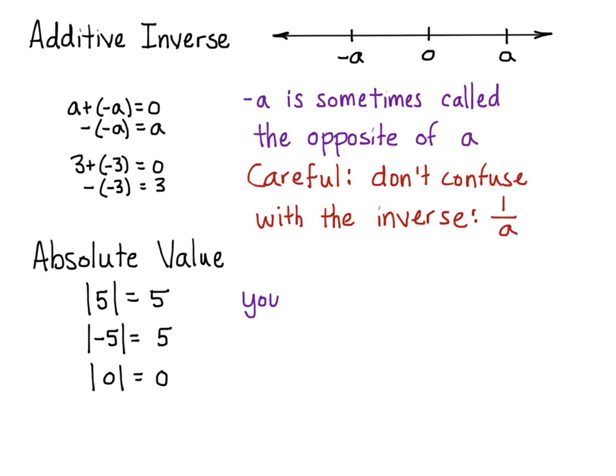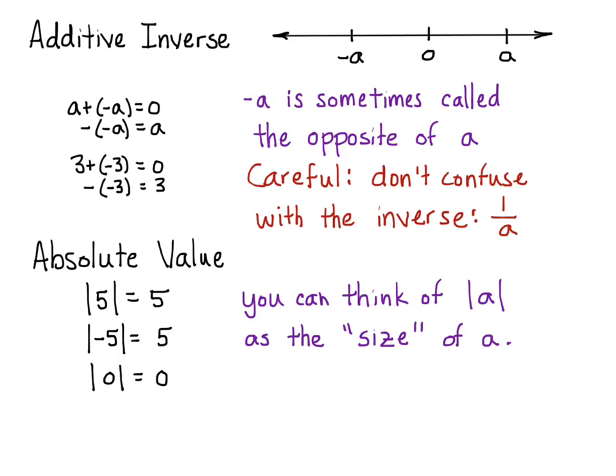Now, one of the ways that I suggest you start thinking about the absolute value function is to think of it as the size of the number. 5 and -5 are definitely different numbers, right? But there's a sameness about them, the fact that they have a 5 in it. Size is probably the best word, or if you get into more lofty math, they'll call it the magnitude of the number.